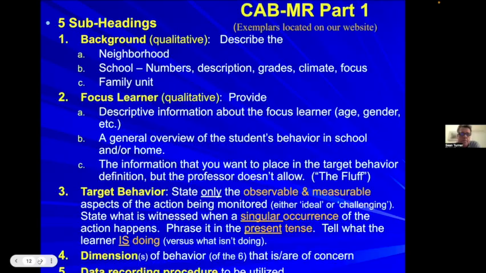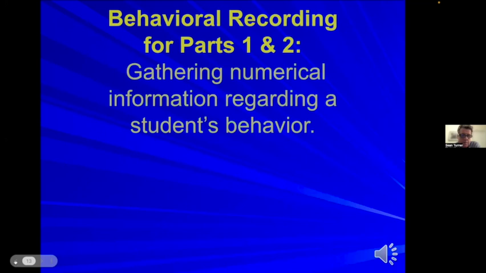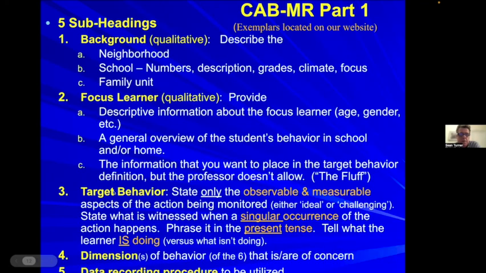All right. So part one, as I said, well, actually, my fault. There's actually five parts. Background, the focused learner, again qualitative, and then target behavior. Sorry, back here. Sorry if this is cutting off. The slide will be in the other session, but part one is background, the focused learner.